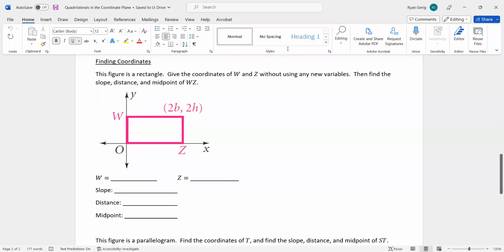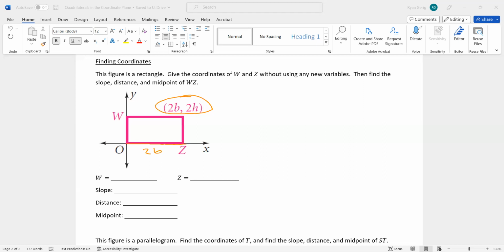Now, let's talk about how to figure this out. So I'm given this coordinate here. I don't want to use any new variables, so I have to use B or H. W and Z are not variables, but I'm going to use B or H. So 2B is the X coordinate, which means the distance from the origin horizontally is 2B. Well, that distance from the origin horizontally is right here.